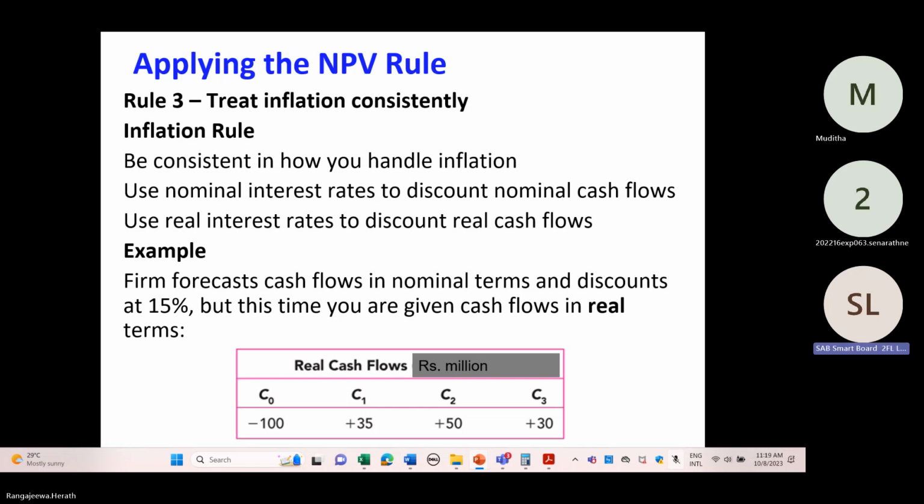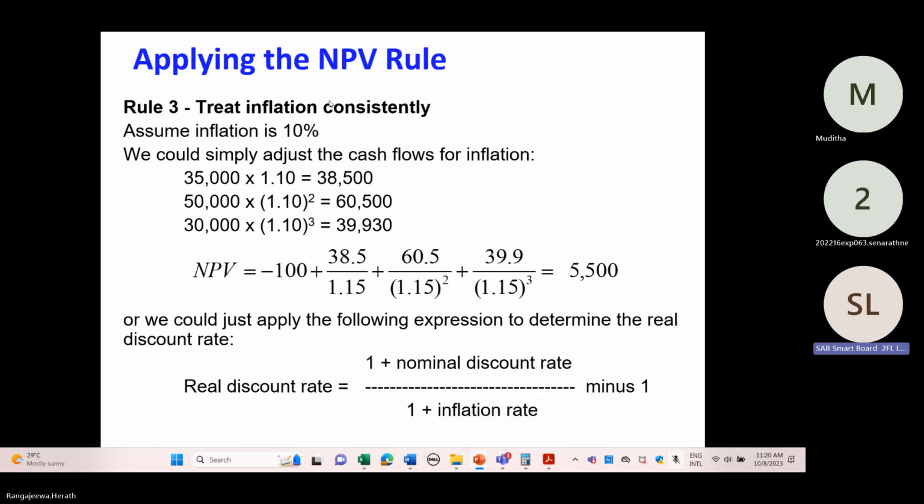Nominal interest rate, real interest rate. So here cash flows are real, and the discounting factor given is 15%. That 15% is nominal. And you are given inflation of 10%.